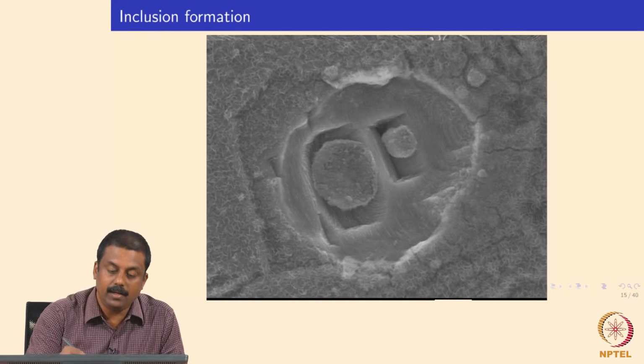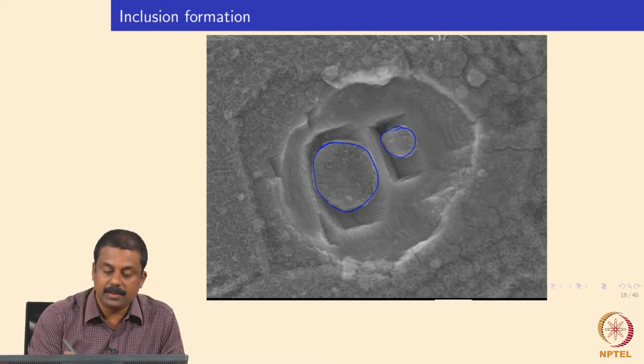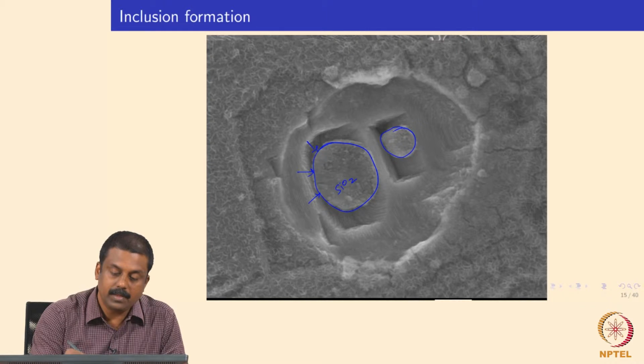For example, if you look at a typical inclusion in advanced steels, what you see here is a globular oxide inclusion. In this case, it is a silicon based strip steel, so the inclusion is SiO2, silicon oxide. Once you have an oxide formed, the other alloying elements like manganese and sulfur get trapped at the surface of the inclusion, where you have an epitaxial enrichment of these alloying elements.